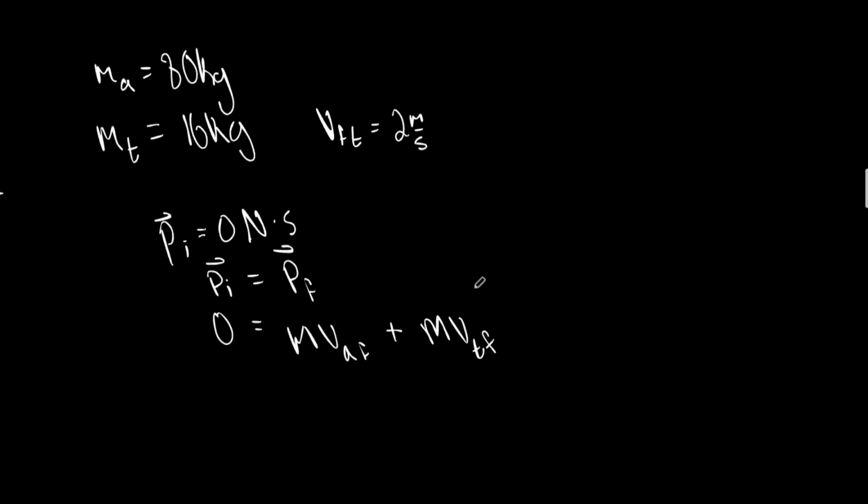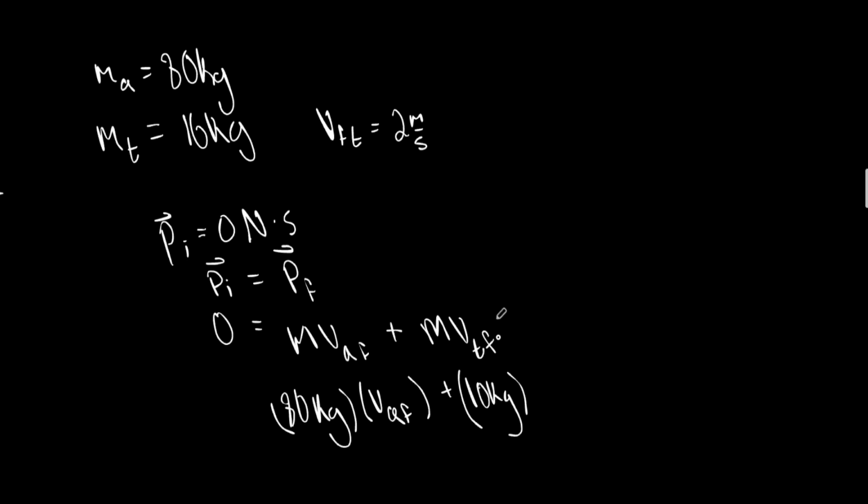And we know the masses, so we can plug in the known mass. So we know our astronaut weighs 80 kilograms. However, we don't know the astronaut's final velocity. But we do know the oxygen tank's mass, which was 10 kilograms, and we do know the final velocity of the oxygen tank, which was 2 meters per second.